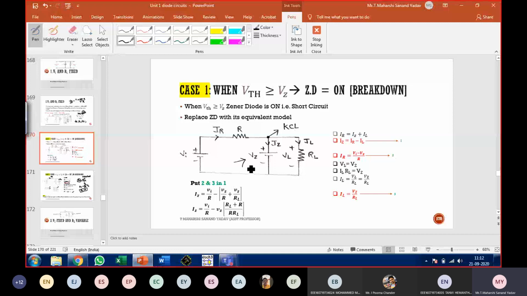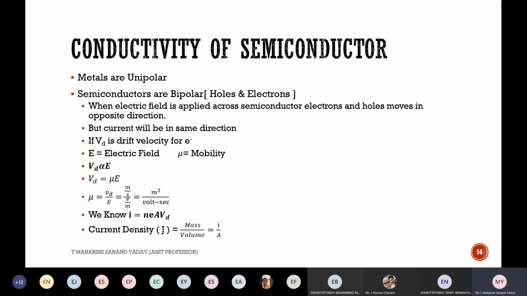So IR is nothing but VI minus VZ by R, where the voltage VL and VZ will be the same. From here you'll get all these values. The main intention is I want IR, IL, IZ. Next, I know the value of VI, find the values of VR, VZ, and VL. You need to find all these values.